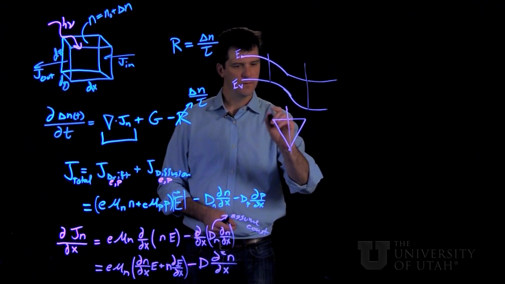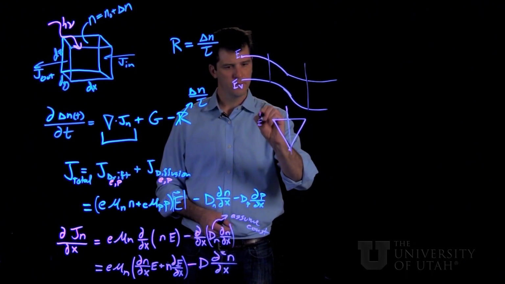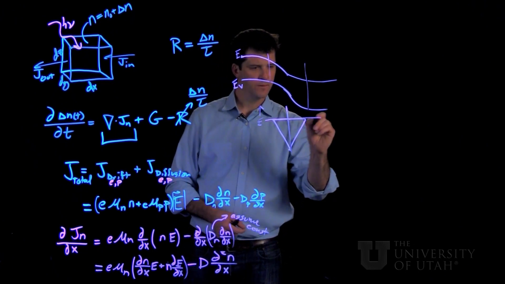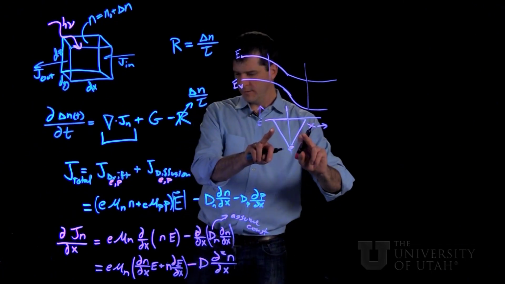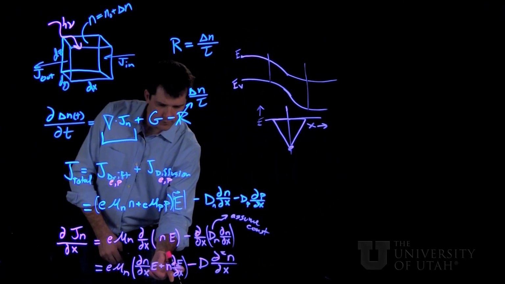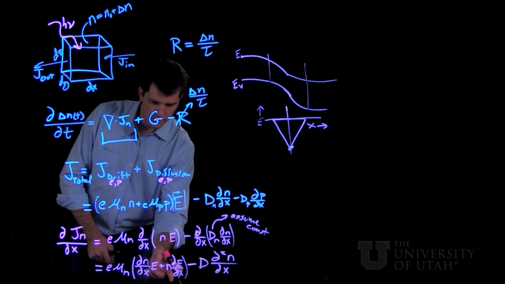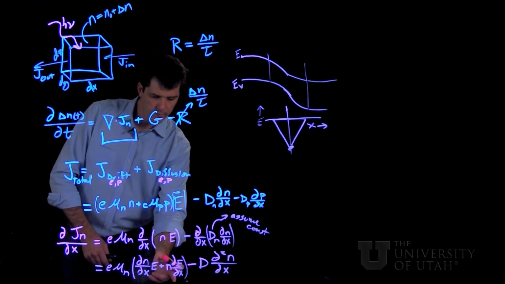So this would be your E field, and it's negative, and then versus x this way. So in these regions, you'll get this extra part to the accumulation of excess carriers.